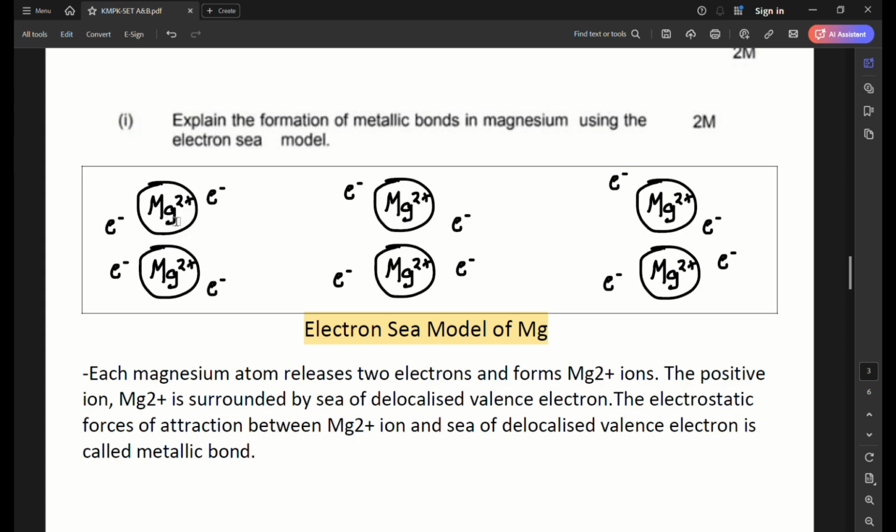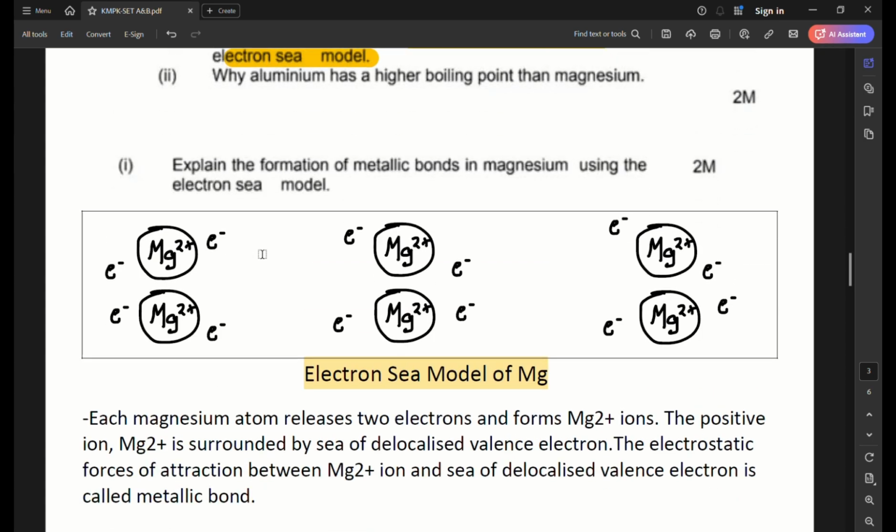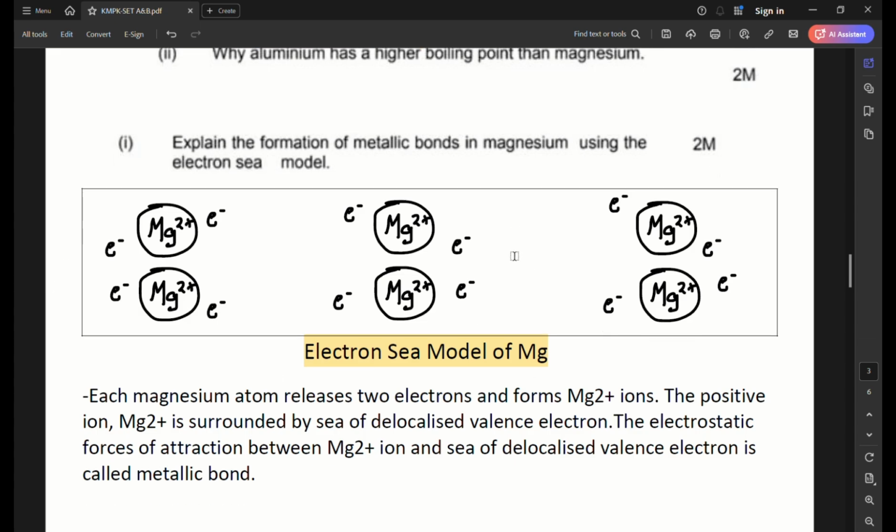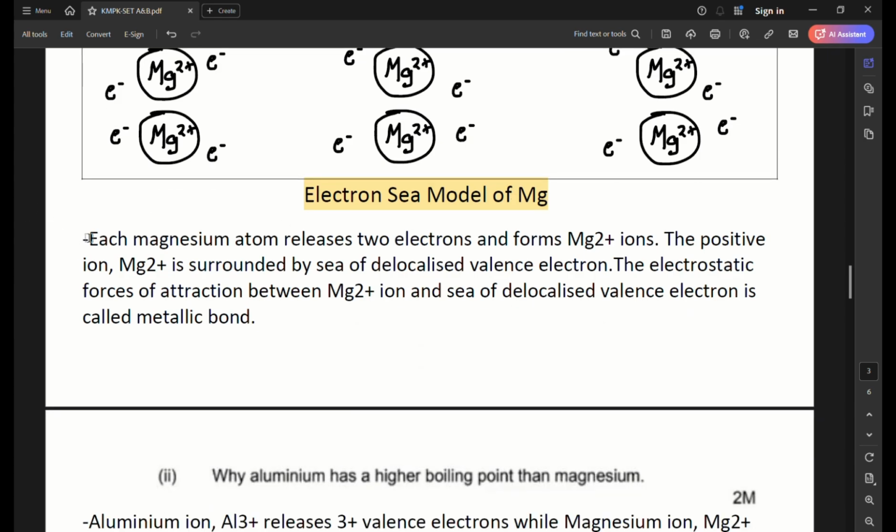Alright, so Mg2+. Since the valence electrons are freely moving, this is a delocalized sea of electrons, so you can put them randomly but near the ion. Mg2+ releases 2 electrons, so 2 electrons there, 2 electrons there, just like so. And this is the explanation.